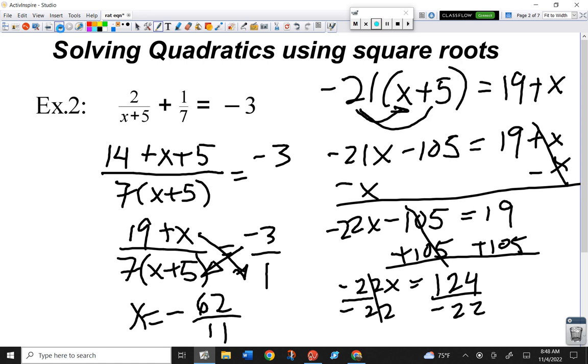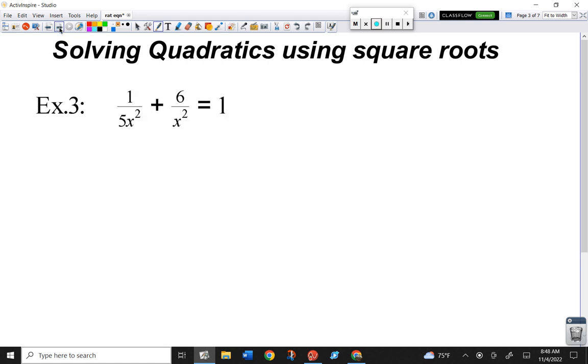All right, ladies and gentlemen, let's look at example number 3. In example number 3, like I told you in class, we don't always have to simplify these rational expressions the same way. If you look at the second fraction here, all it's missing is a 5 in the denominator. So what I'm going to do is multiply the top and the bottom by 5.